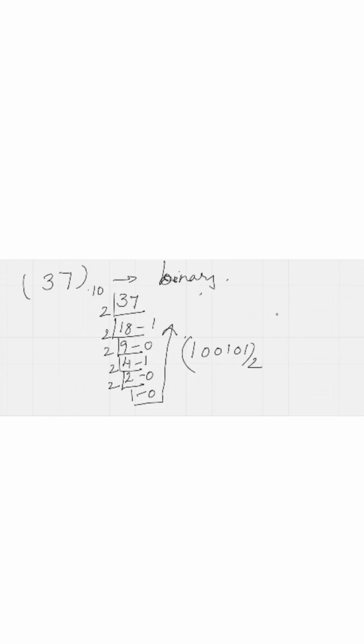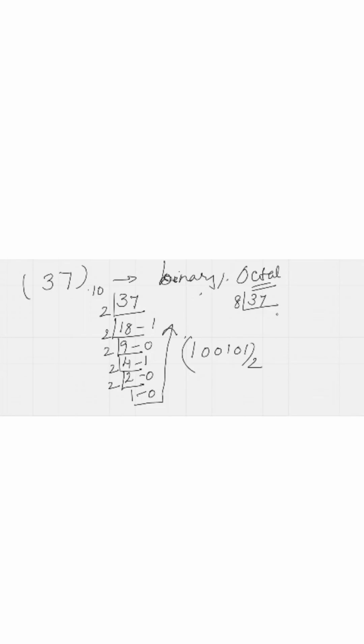So like this we need to convert into any number. If you want to convert this same 37 to an octal number, binary we have converted. Again, if you want to convert this as an octal number, you have to divide this 37 by the base value of octal, which is 8.